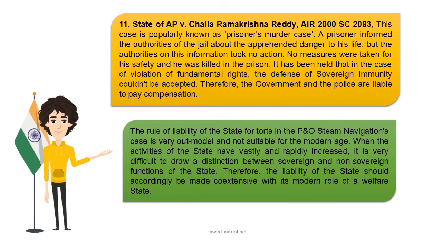This case is popularly known as the prisoner's murder case. A prisoner informed the authorities of the jail about the apprehended danger to his life, but the authorities took no action on this information. No measures were taken for his safety and he was killed in the prison. It has been held that in the case of violation of fundamental rights, the defense of sovereign immunity cannot be accepted. Therefore, the government and the police are liable to pay compensation.